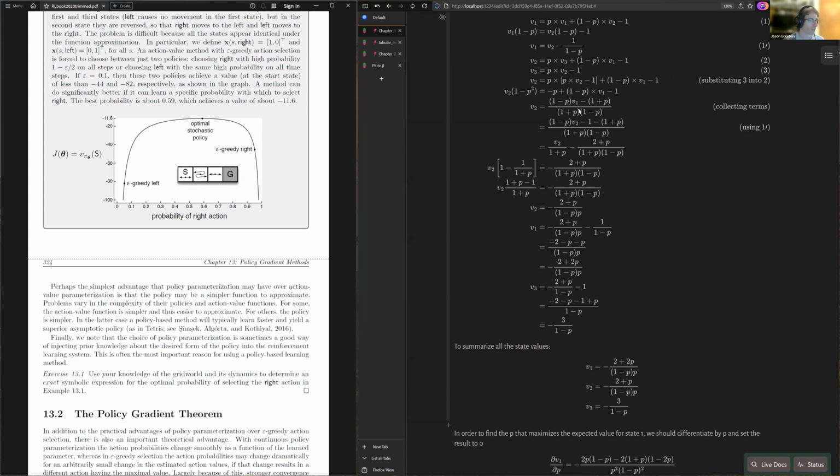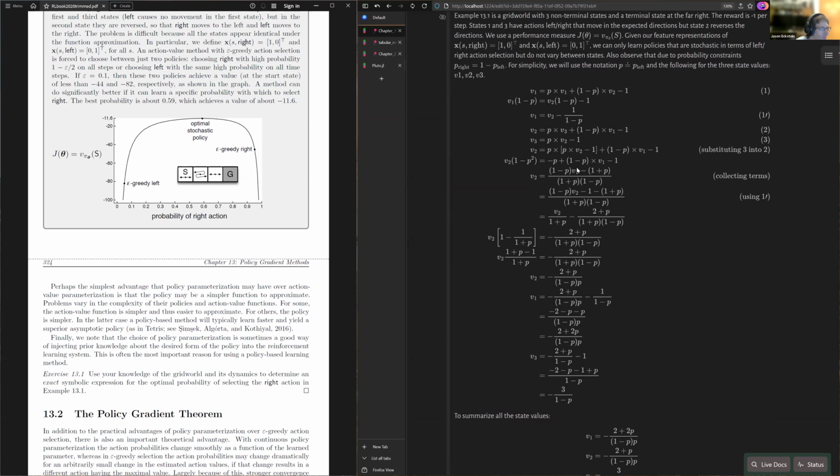And if we collect some terms, we can end up getting this expression for V2 in terms of, wait, there should be a V, sorry, this should be V1 actually in this expression, but this is an expression for V2 in terms of V1. And I think, or no, maybe I just replaced it. Yeah, so here in this step, we have an expression for V2 in terms of V1.